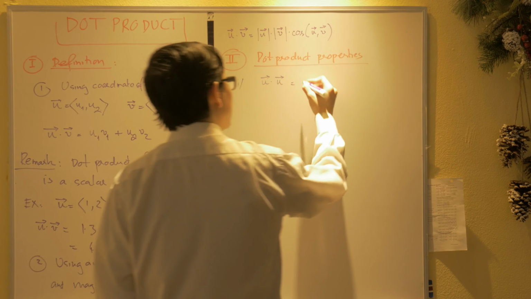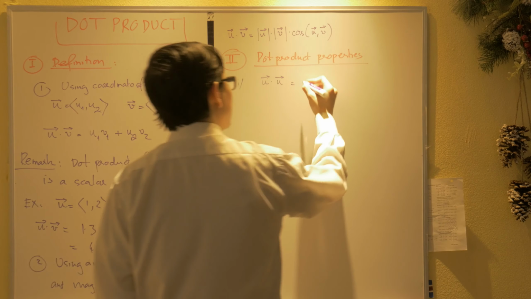I see this property many times in calculus 3, and in another level of math called linear algebra. If you major in computer science, you have to take linear algebra, and you will see that many times. The second property is commutative. So if you have u dot v, the dot product between u and v is the same as the dot product of v and u.